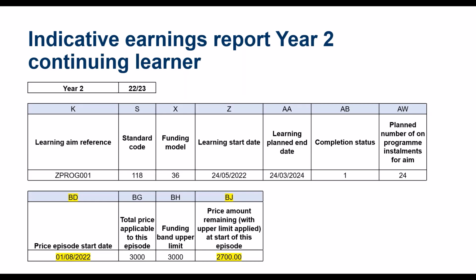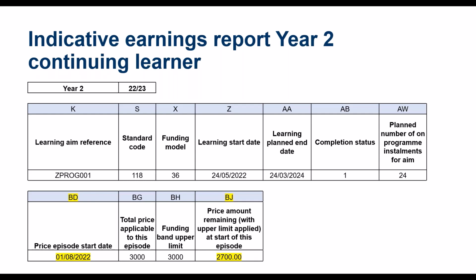This is now year 2 for the same learner, beginning 1st of August 2022. If we focus on the bottom row here, we can see that the price episode start date is now the 1st of August 2022, and because 3 on-program payments of £100 were drawn down in the 22-23 academic year, the price amount remaining with upper limit applied at the start of this episode is £2,700.